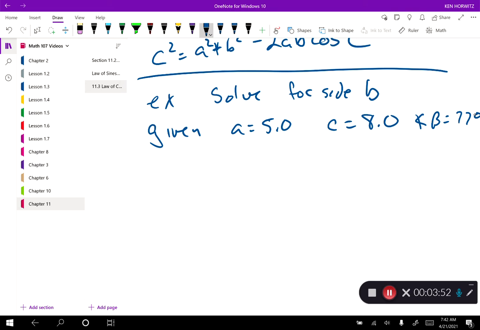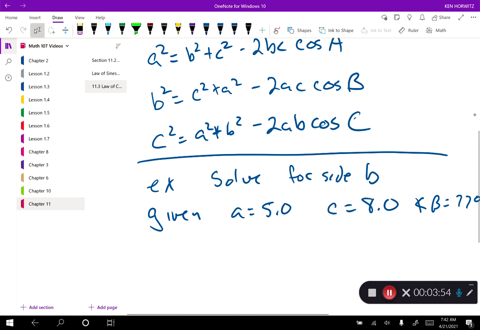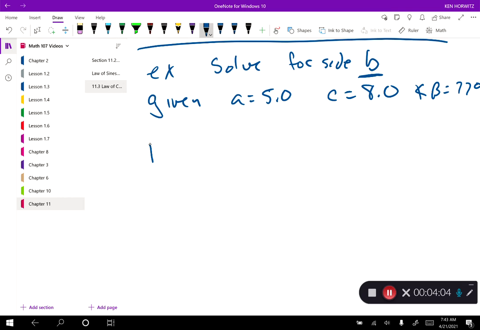So let's start by basically picking the right formula. If we're looking for side B, I probably want to use this one, right? So we're going to use b squared equals a squared plus c squared minus 2ac cosine of B. All right, now let's take a moment to start putting in what we know into the formula.